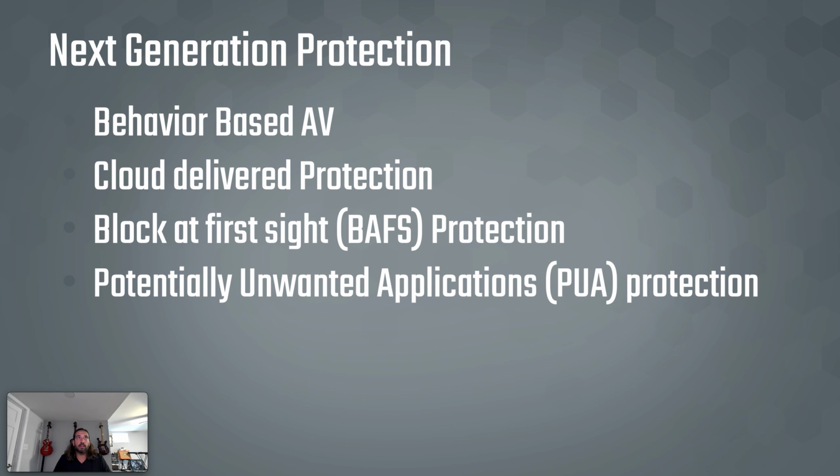And then finally, we're just going to talk very briefly about next generation protection. So behavior-based antivirus, cloud delivered protection, block at first sight protection, and then potentially unwanted applications protection. What this all really boils down to is not just using file-based definition threats, right?